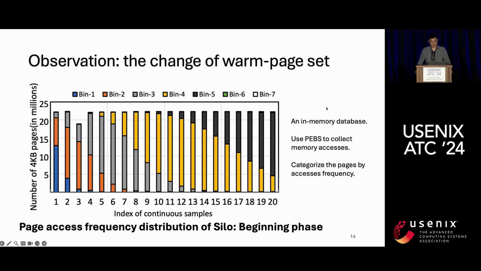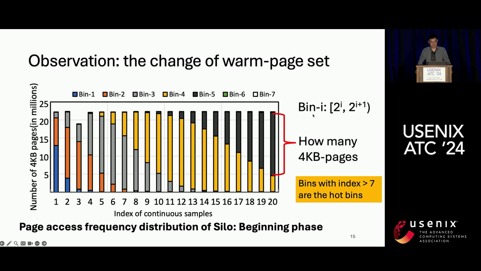We also monitor the page access frequency distribution trend to study the warm page set. This figure shows the page access frequency distribution of Silo, the beginning phase of the application. Silo is an in-memory database application. We use PEBS to get the historical accesses and categorize the pages into multiple bins. Maximum is 16, based on this access frequency.